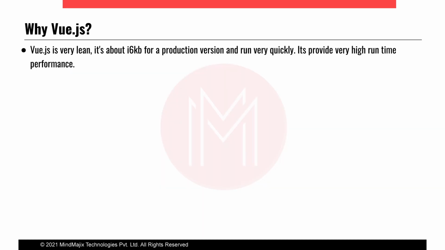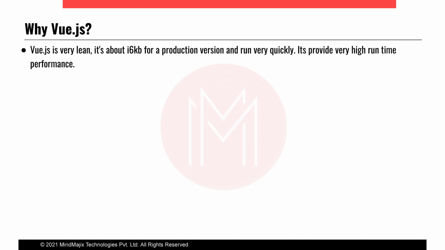And why Vue.js? Vue.js is very clean and lean. It means that after writing the entire application in Vue.js, when you build, it gives HTML, CSS, and JS. The file size of those will be 16 KB only for production.